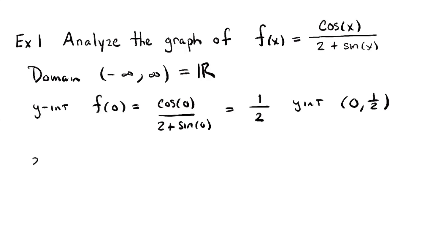How about x-intercepts? For x-intercepts, you have to solve the equation: how could f of x equal 0? X-intercepts are about putting the output equal to 0. Well, that's if and only if the numerator of our fraction is 0. Cosine of x is 0. Cosine has infinitely many values of x that make it 0, but here I'm going to exploit the periodicity of this function.